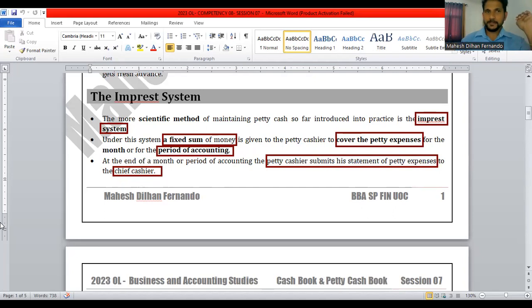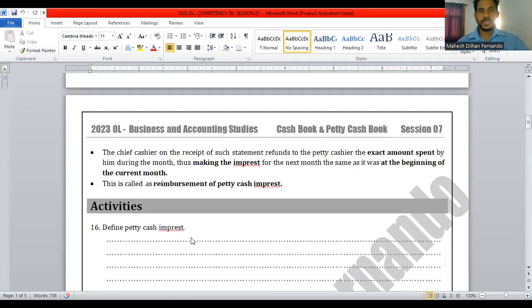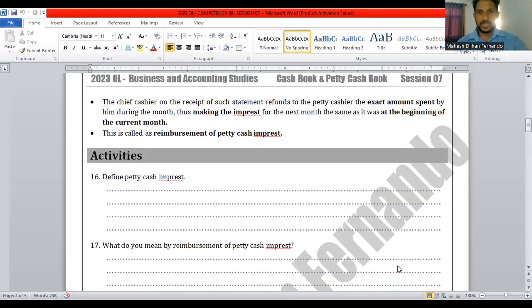At the end of every month, this petty cashier submits his statement of petty cash expenses. Now I'm taking you to another part. The chief cashier, on receipt of such a statement, refunds to the petty cashier the exact amount spent.